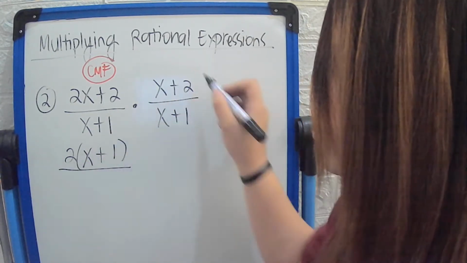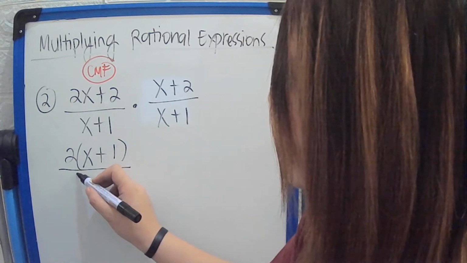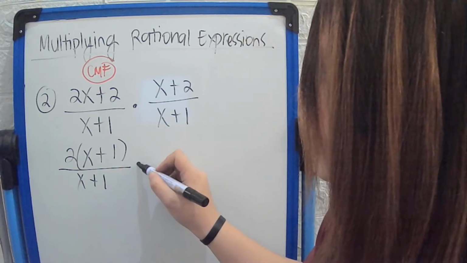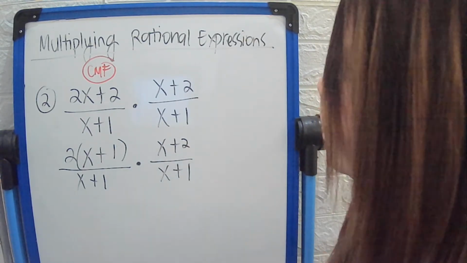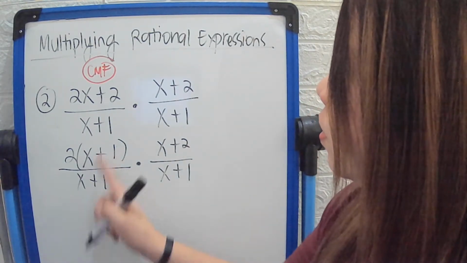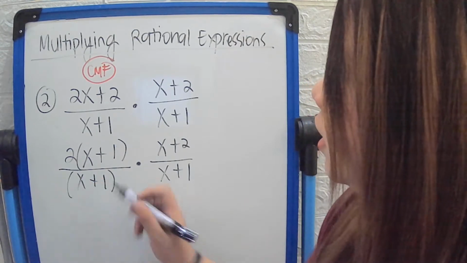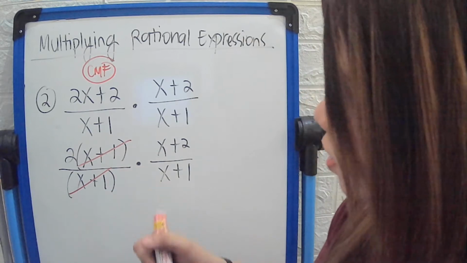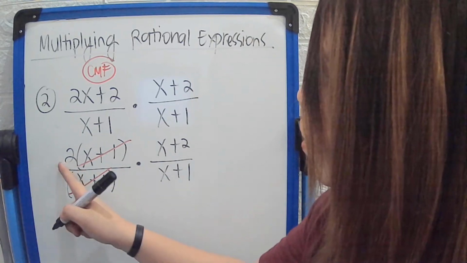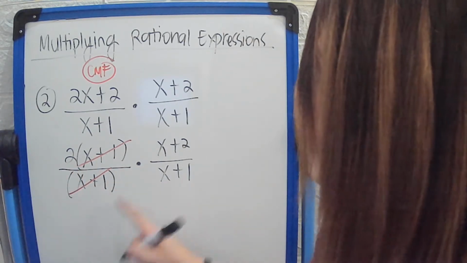All over, you just copy the remaining terms, so x plus 1 multiplied by x plus 2 all over x plus 1. To eliminate this 2, you put pairs of parentheses here. Do not forget that. So cancelled out, here you are left with 2, then 1 on this part.